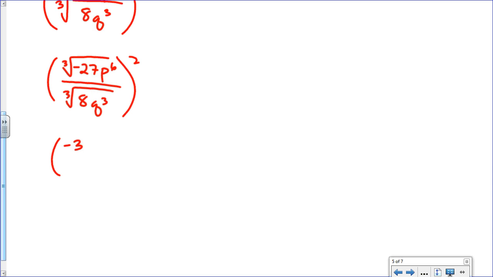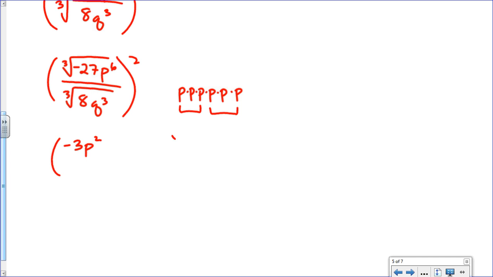It is p squared. If that's something you can't figure out, then you might have to write this out and think about it a little bit. So p to the 6, and you're doing cube roots, so you have your groups of 3, and there's 2 groups of 3, so p squared.